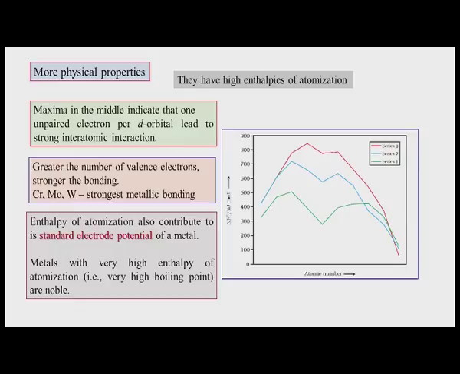So, high enthalpy of atomization together with the corresponding standard electron transfer potential makes them an energy greedy species, where both processes, that one is the atomization process and second is the electron transfer process, are very high.